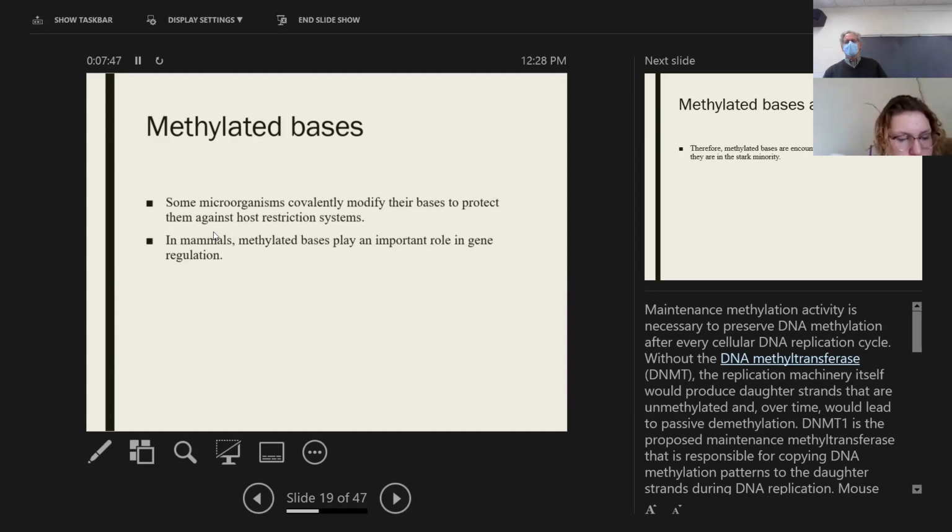So there's a group of enzymes called DNA methyltransferases. This is a big group of enzymes, and when you compare them sequence-wise, they fall into some discrete groups.